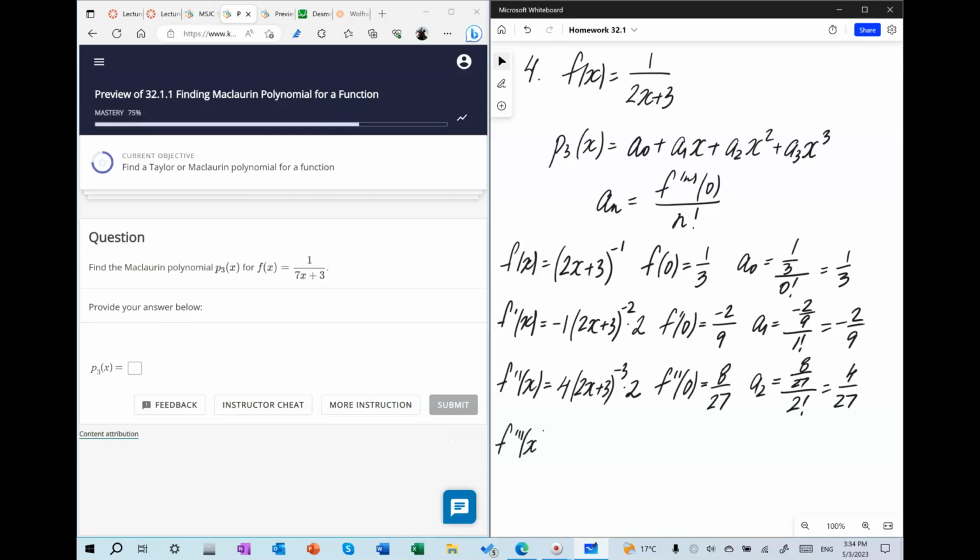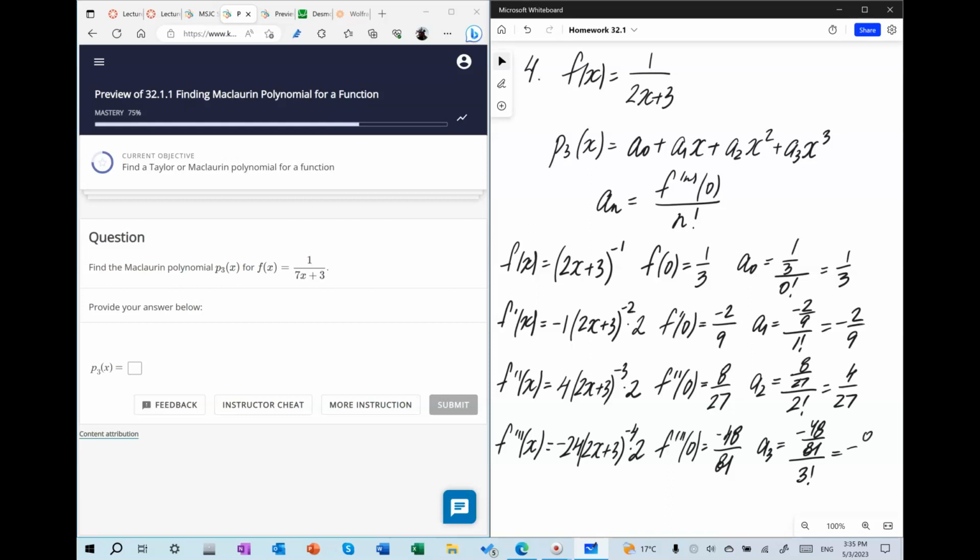The third derivative is negative 24 times (2x plus 3) to the power negative 4 times 2 by the chain rule. The third derivative evaluated at 0 is negative 48 over 81. So a3 will be equal to negative 48 over 81 divided by 3 factorial, which is 6.